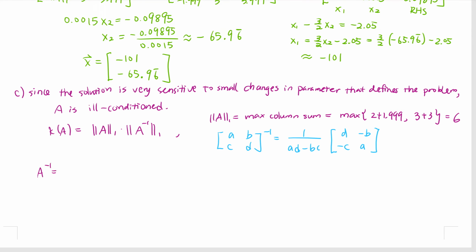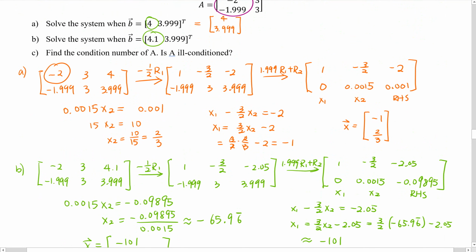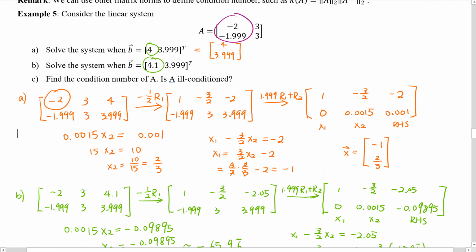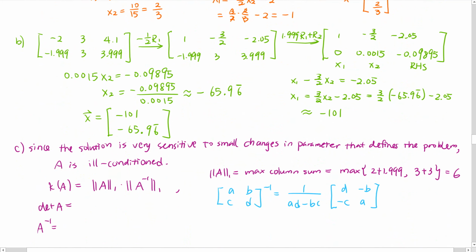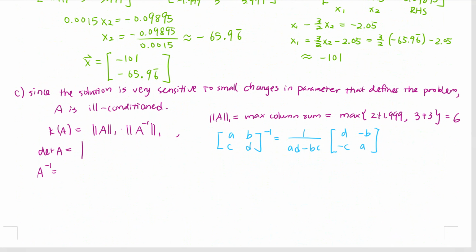By the way, let's calculate the determinant. What's the determinant of A? Keep in mind, A is -2, -1.999, 3. The determinant is -2 times 3 minus negative, which becomes plus, 1.999 times 3.